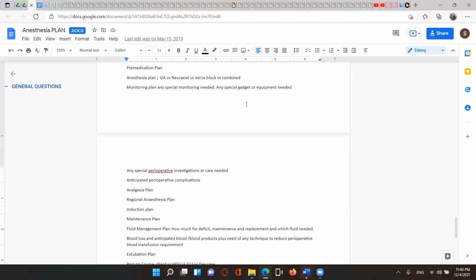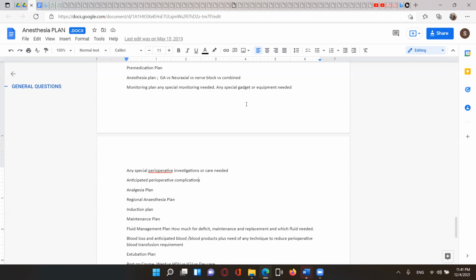So there are so many things which you can do. BIS monitoring in special patients, and specialized ECG leads, the CM5 or CB5 leads, which we use in high-risk patients. Or use of TEE.